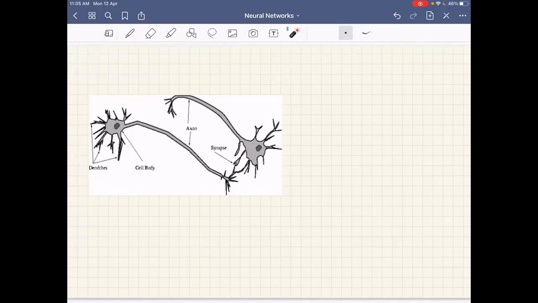Some small neurotransmitter substance gets generated in some of the neurons. When they get generated, some of the neurotransmitter substances are transmitted through synapses to the connecting neurons. Through dendrites it reaches, and then it moves through the axons.